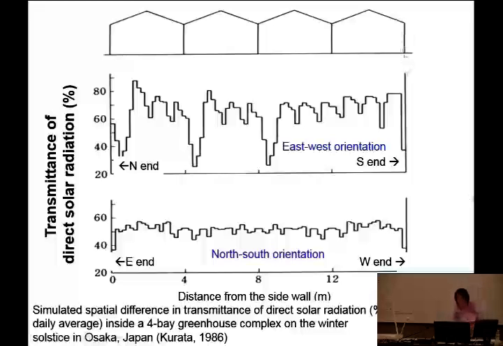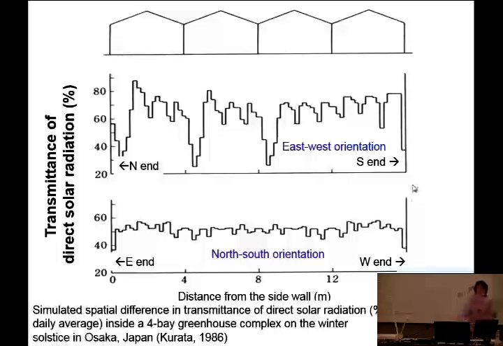And this gutter here is creating shadow right here. So this is the cross section of the greenhouse, 4 bays. This first gutter is creating this big shadow area. The second one is creating the second one. The third one is here. Okay, so it's across the 4 gutter-connected greenhouse, south end, all right?